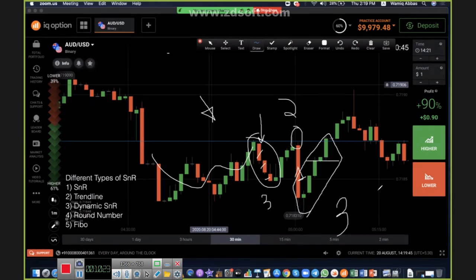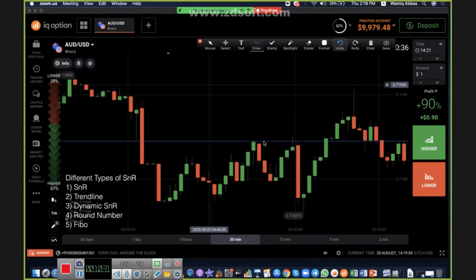It's not a good idea to go against the momentum. So you see that the sellers previously entered from this point, and then they again entered from this point, correct? But after this point, you see that they changed their entry from here to here.